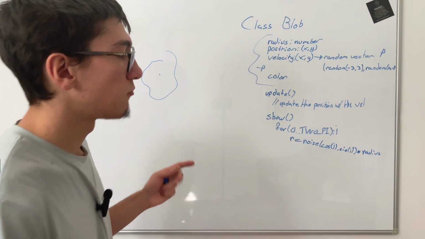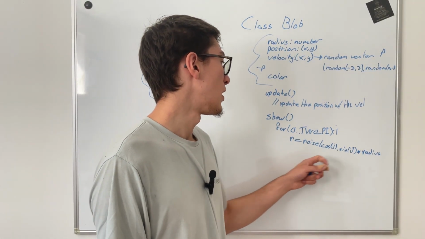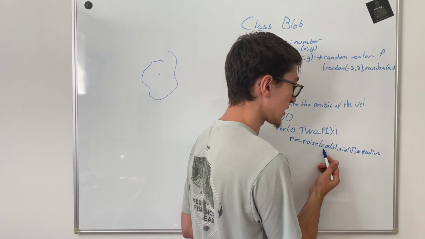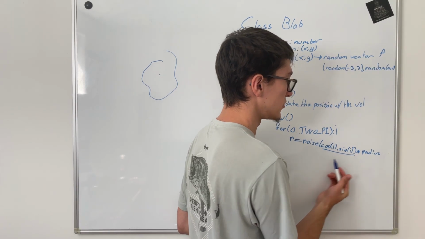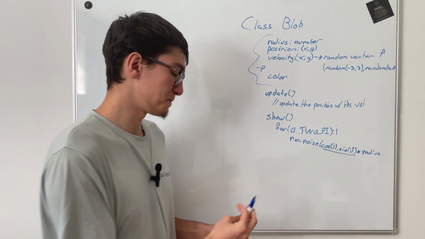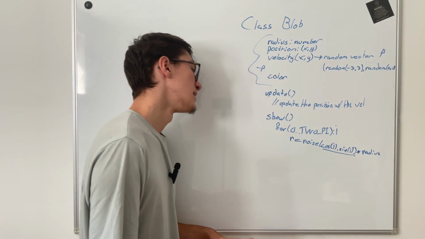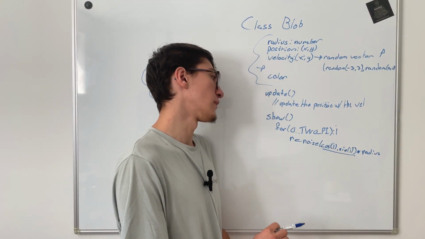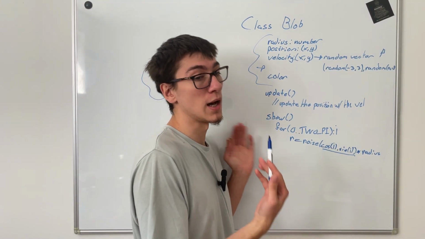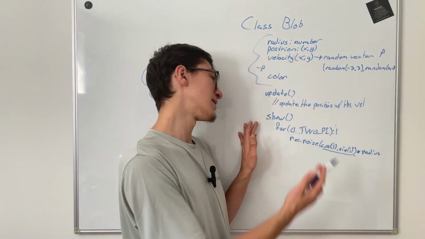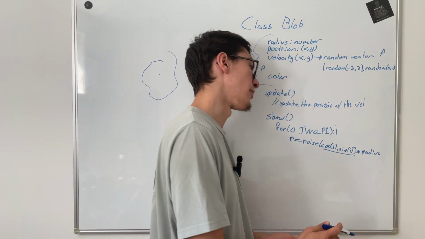Right, so that's one possibility. But we might want to take a look at different values for these, because I believe all of the blobs that we will create using this are going to look the same, right?